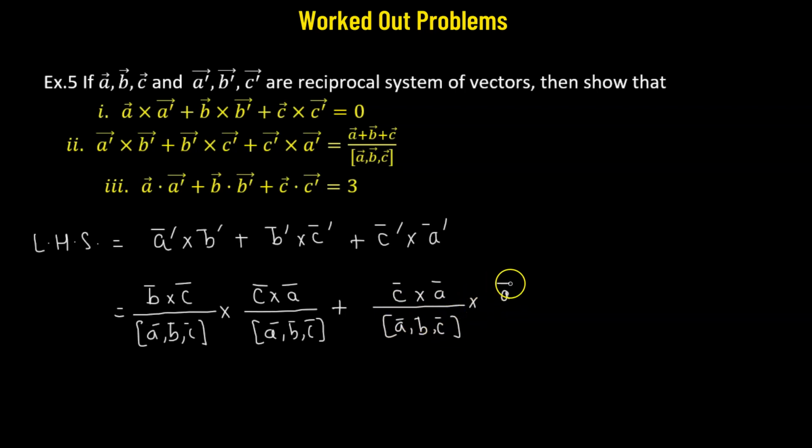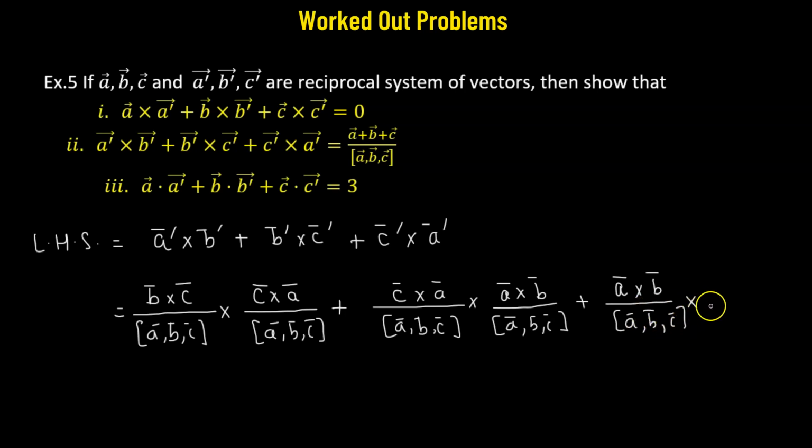So C prime is vector A cross vector B divided by [A, B, C], plus C prime. So C prime will be vector A crossed with vector B divided by [A, B, C]. This is crossed with vector A prime.